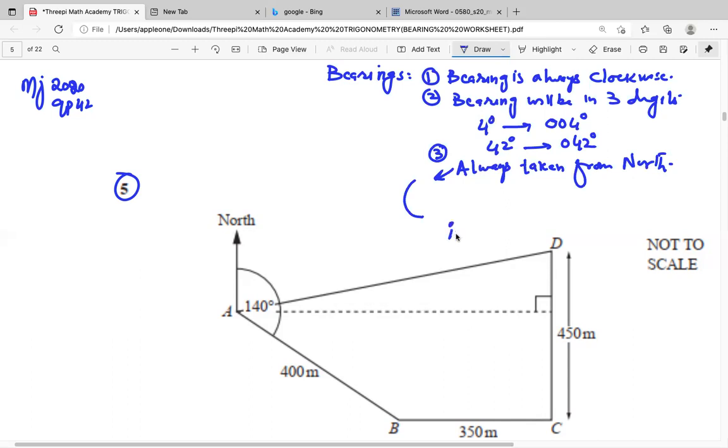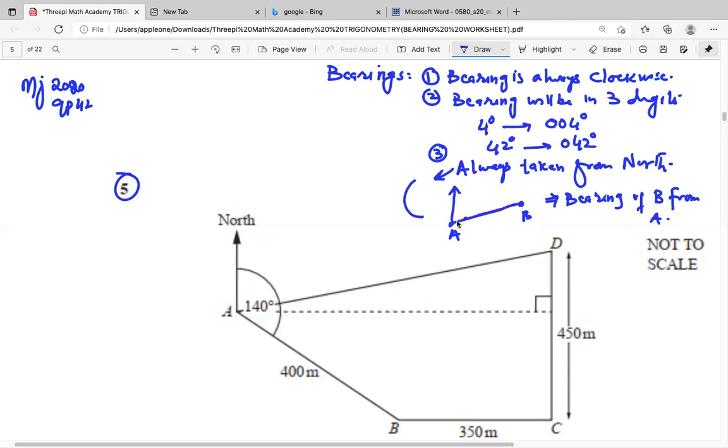If this is point A and that's point B, and I need the bearing of B from A, then bearing is basically the angle between this object, which is B, and the normal line at A. You will have to make the normal line here and join A and B.